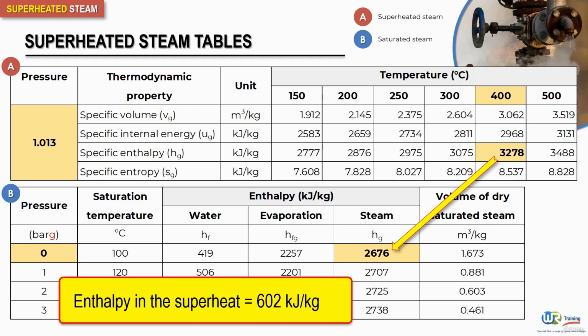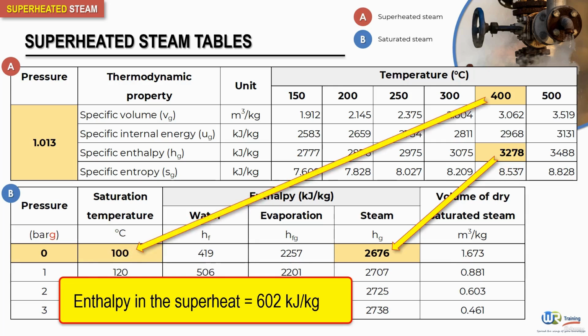This may sound a useful increase in energy, but in fact it will actually make life more difficult for you if you want to use superheated steam for heating purposes. So let's understand why. From the energy in the superheat shown on screen, the specific heat capacity can be determined by dividing this value by the temperature difference between saturation temperature, so 100 degrees Celsius, and the superheated steam temperature, 400 degrees Celsius.